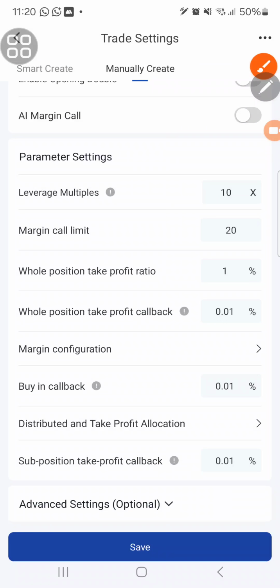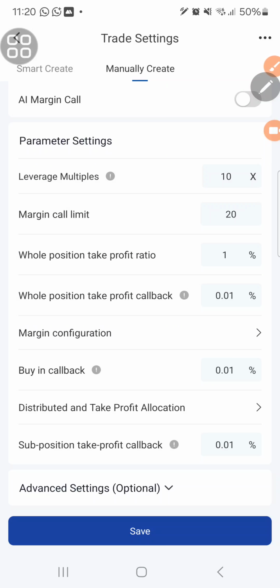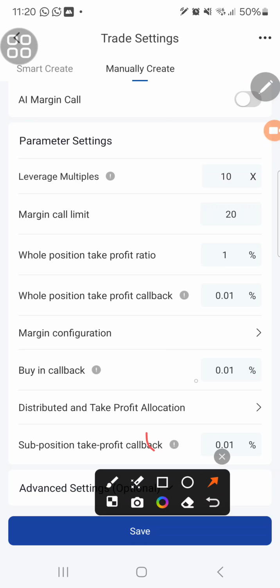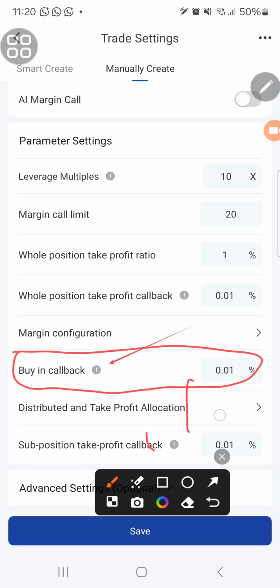We confirm here and come to proceed here. Now, the other thing that is left on this very note is the margin call drop. Now, the buying callback simply means this pertains to buying. This is for selling, this is for buying.